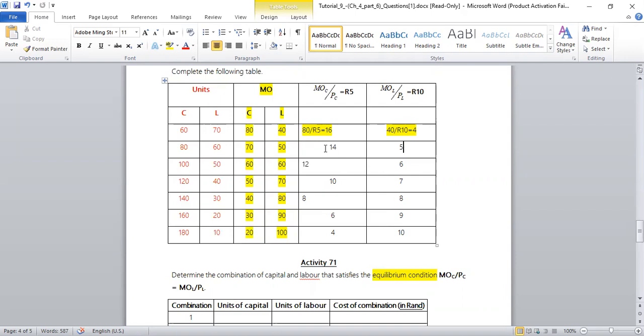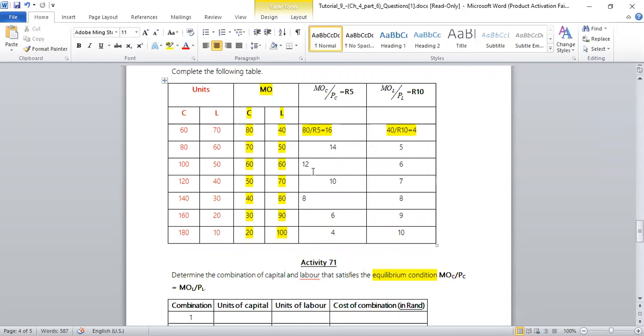So guys, remember, we'll find the equilibrium where this number appears here and here. So 14 appears here only. It's not there, which means I move on. Let's check 12. 12 appears here and it doesn't appear here, which means I haven't found any equilibrium.